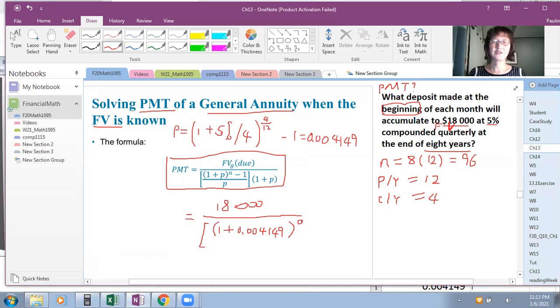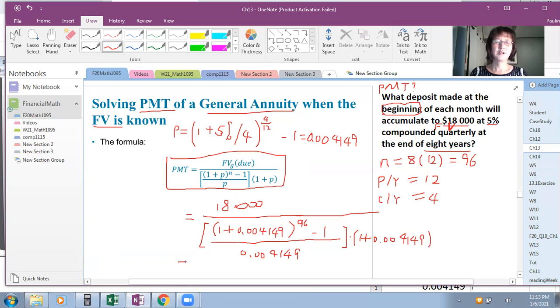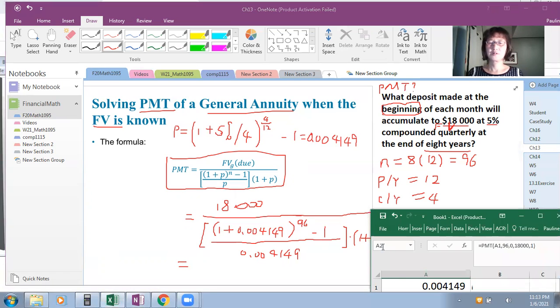N is 96 minus 1 divided by P. Closing bracket, and then multiply 1 plus P. And this would give you the result $152.38.